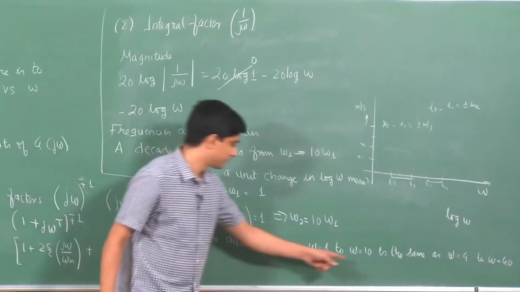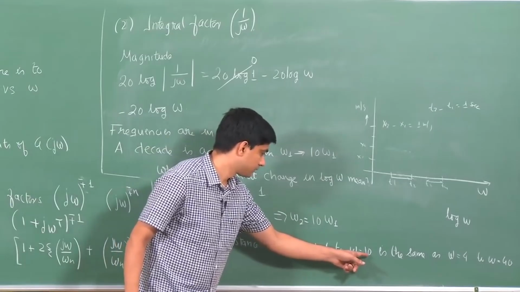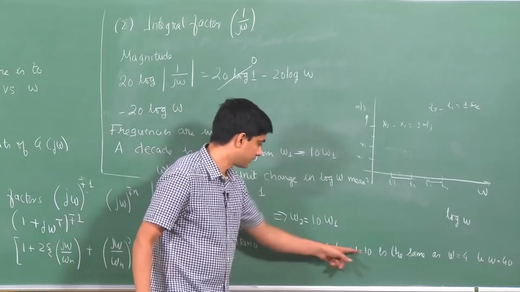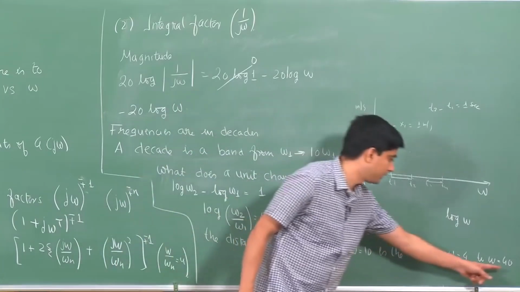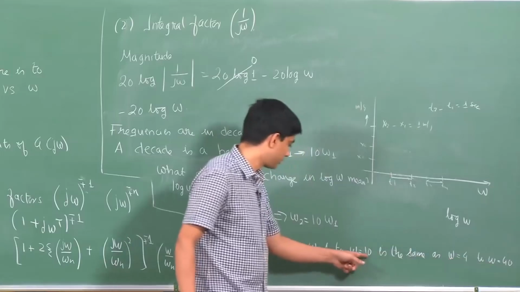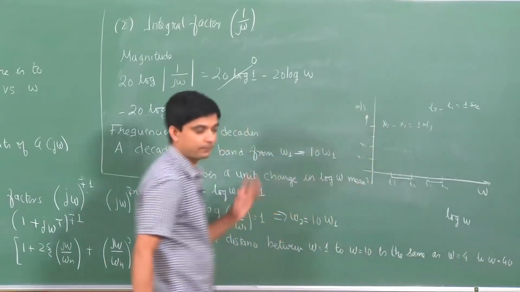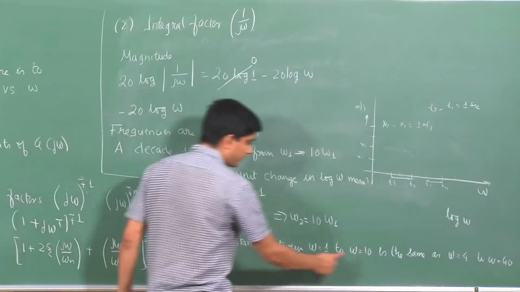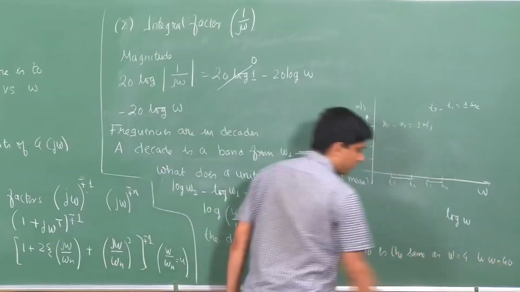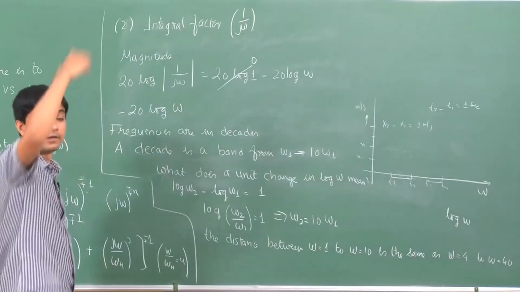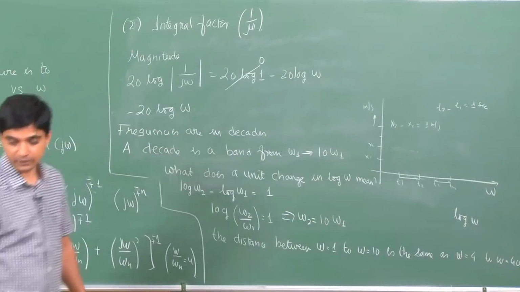Can do this, right? Log of 10 over 1 is 1, and log of 40 over 4 is also 1, right? So the distance between 1 to 10 is the same as the distance between 4 to 40, 40 to 400, all in multiples of 10, 400 to 4000 also, right?